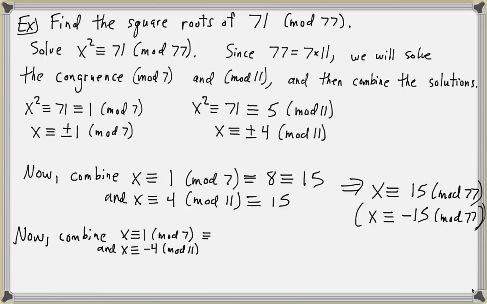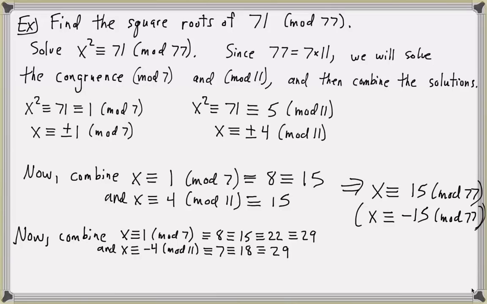Again, I'm just going to keep adding the modulus, so I get 8, which is congruent to 15, which is congruent to 22, which is congruent to 29, and this is also congruent to negative 4 mod 11, because if I add 11 to negative 4, I get 7. 7 plus 11 is 18. 11 plus 18 is 29.